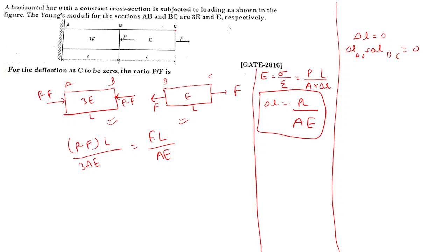So L and L will get cancelled and AE will get cancelled. P minus F would be equal to 3F. So P would be equal to 4F, and what we have to find? P by F. So P by F would be 4.